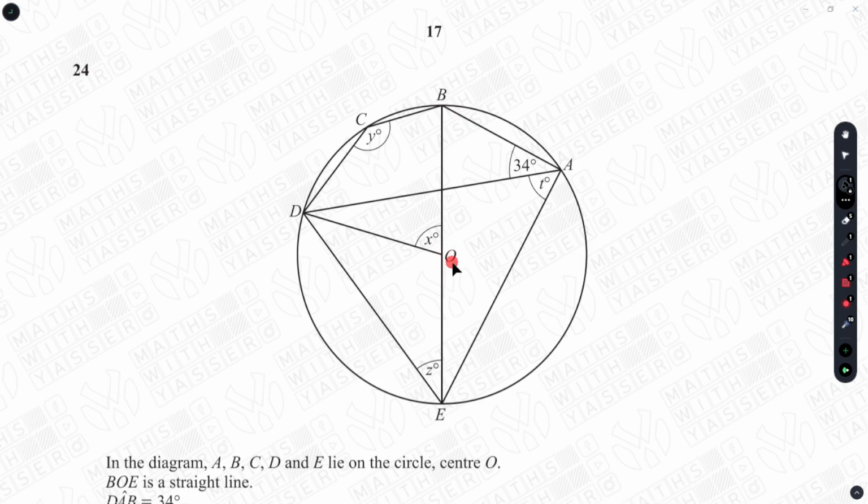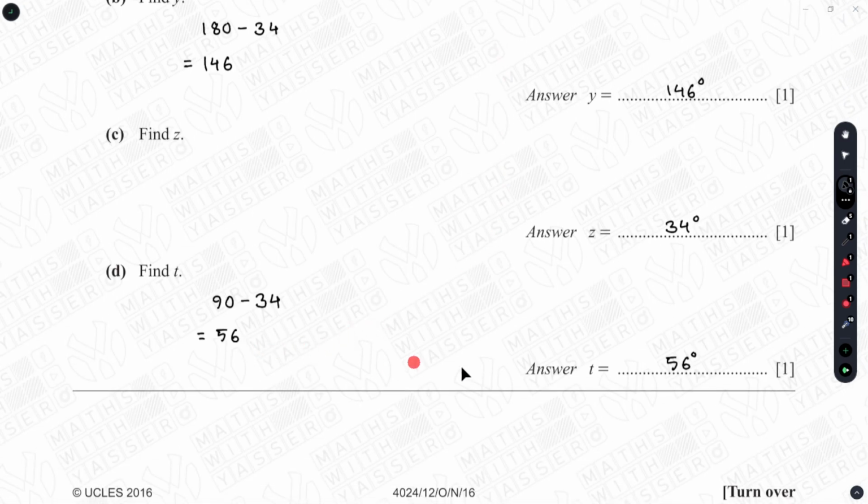Therefore, EB must be the diameter, and we know that the angle in a semicircle is 90 degree. So, the angle opposite to the diameter for this triangle must be 90 degree. So, this angle BAE must be 90. Therefore, T should be 90 minus 34, which is 56 degree.